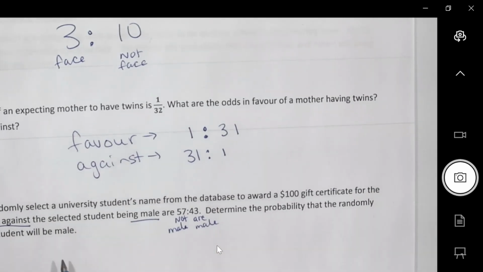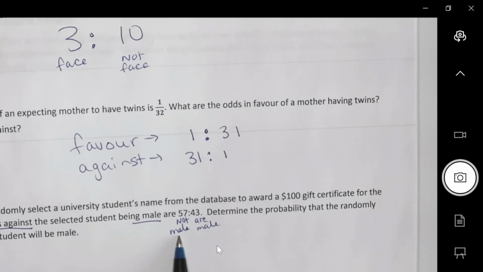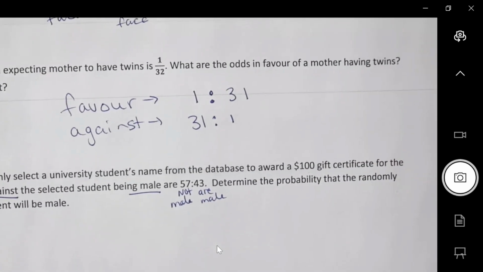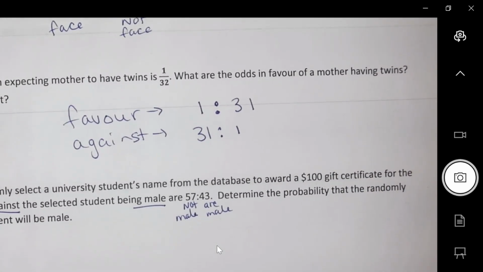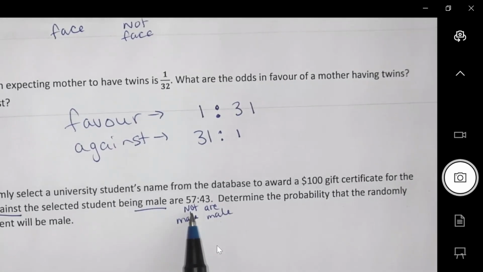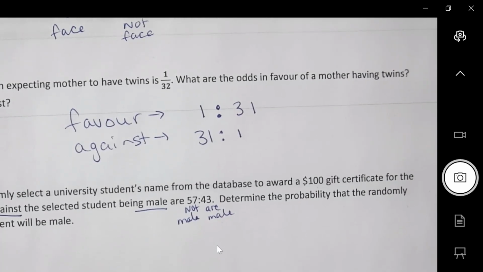So if it's the odds against, then this would say not male, and this would say that they are male. So the odds against means that this one is not that, and this one is that. Determine the probability that the student is male.